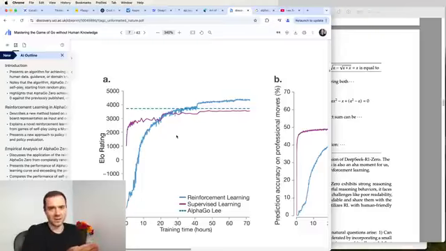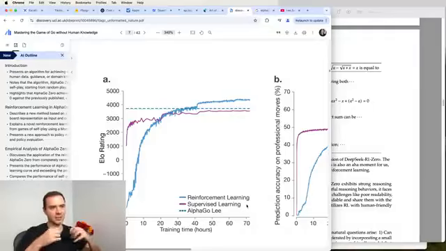But basically what they saw, and we're going to see this in LLMs as well as this becomes more mature, is this is the ELO rating of playing the game of Go, and this is Lee Sedol, an extremely strong human player. Here what they are comparing is the strength of a model trained by supervised learning and a model trained by reinforcement learning. The supervised learning model is imitating human expert players.